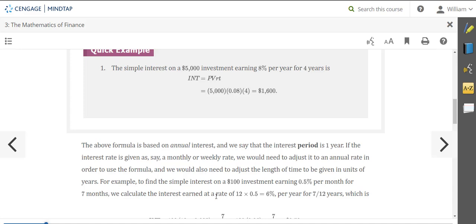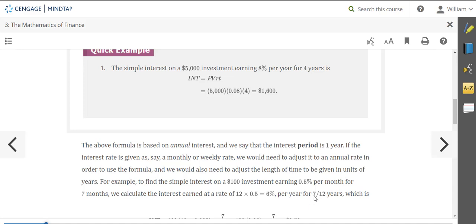We calculate the interest earned at a rate of 12 times that 0.5%. So it would be 6% per year. So if it's 0.5% per month, we want to convert that to per year. It would be 12 times 0.5%, which would give us 6% per year.